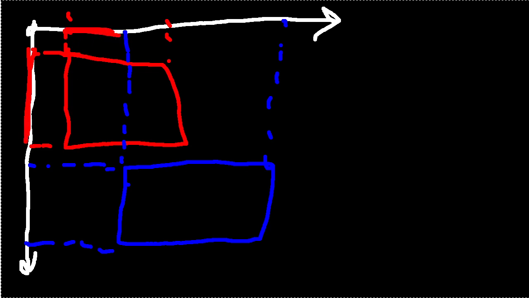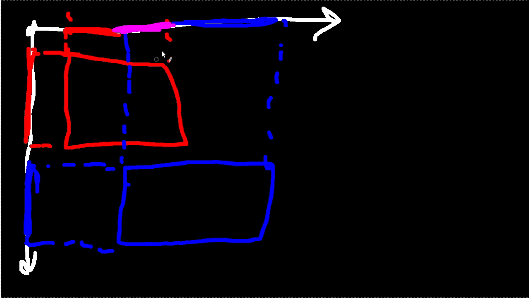I got some overlap there. Let's do the blue. No overlap. And we got overlap here. Okay, so this is the basis of the collision detection that I'm going to do.